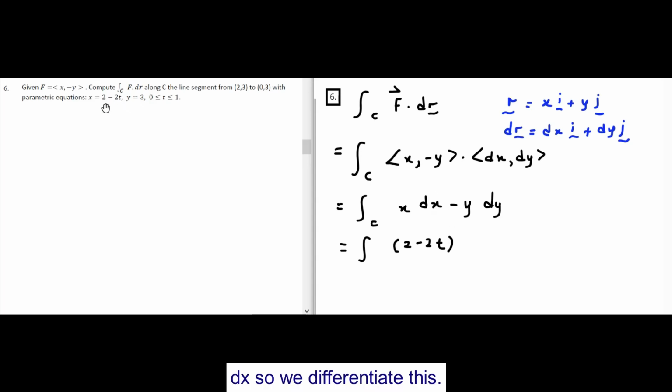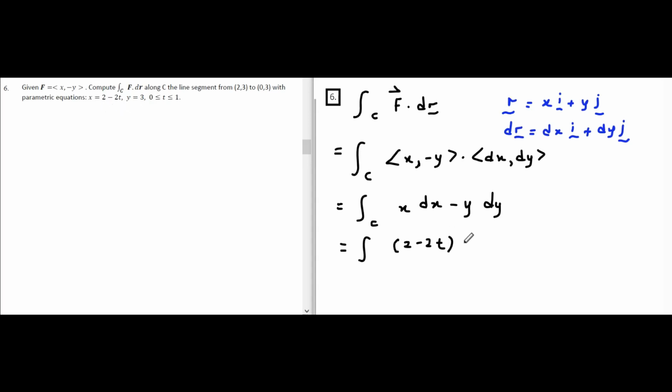So we differentiate this for dx, and dy.